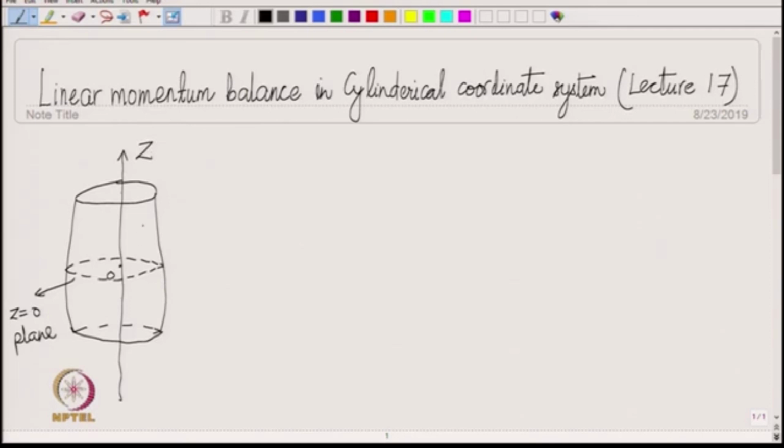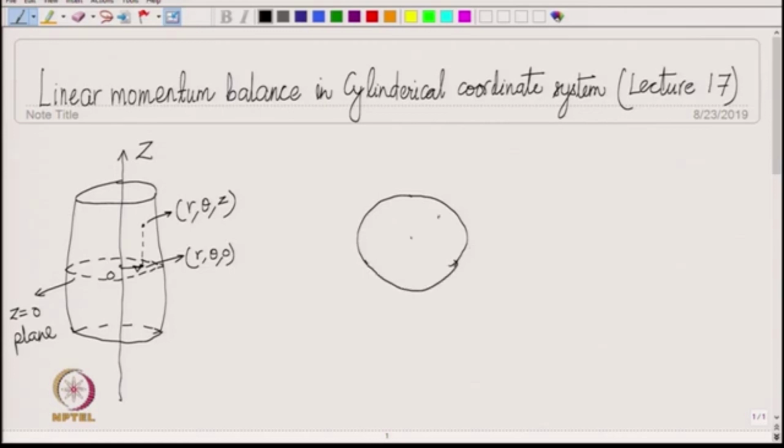Any point will have coordinates small r, small theta, z, and if you project this point on the z equal to 0 plane, it goes somewhere, and this point will then have only small r and theta, and z will be equal to 0. If we just draw that projected plane, suppose I look at this z equal to 0 plane.